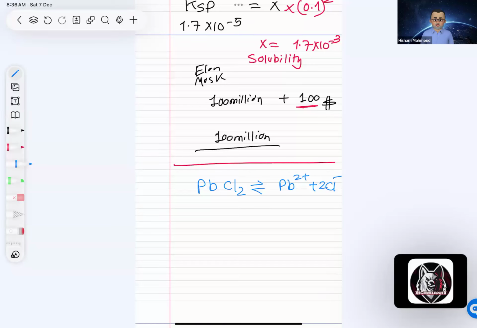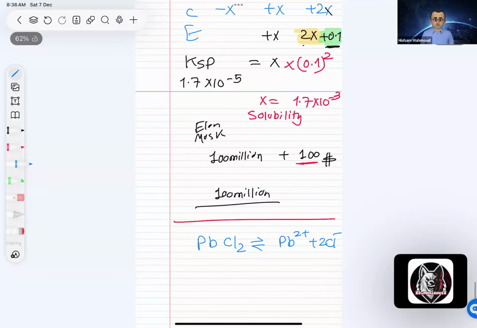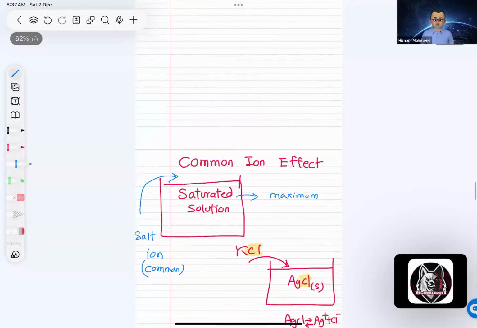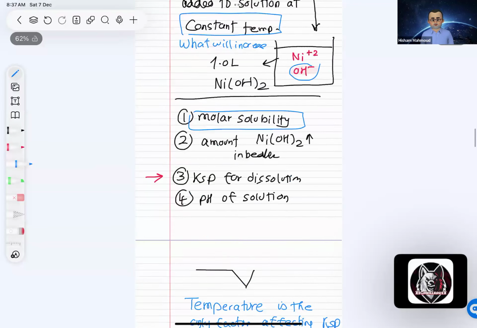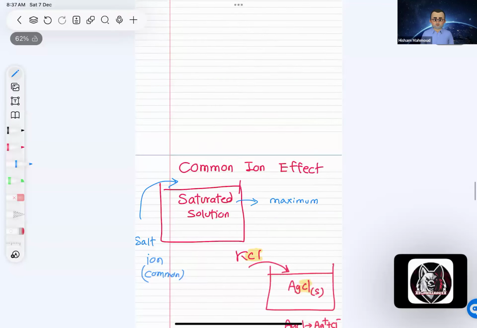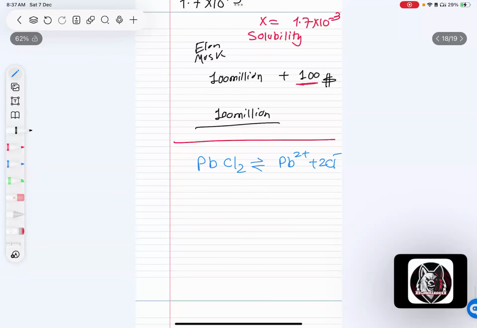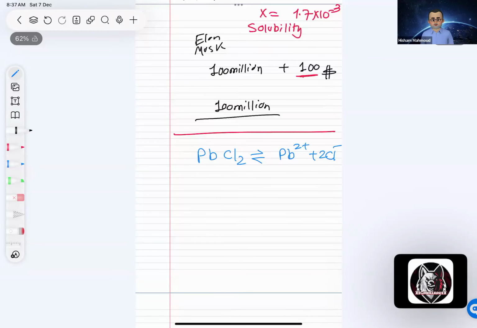We said if the ratio is 1 to 2, it's equal to what? Do you still remember it? Let me write them again now. 4s cubed, right? If 1 mole is breaking into 1 and 1, or 1 is breaking into 1 and 2, and 1 is breaking into 1 and 3.